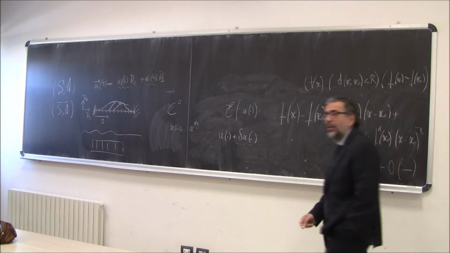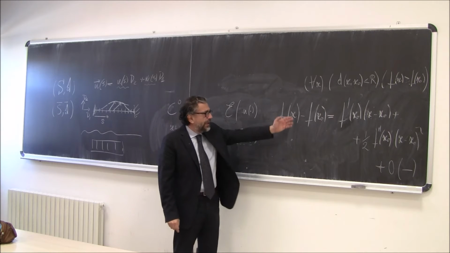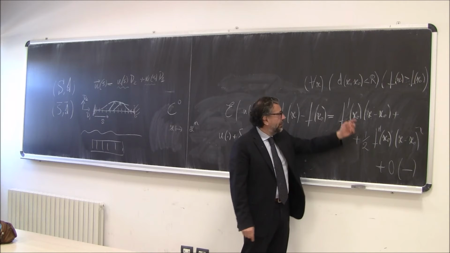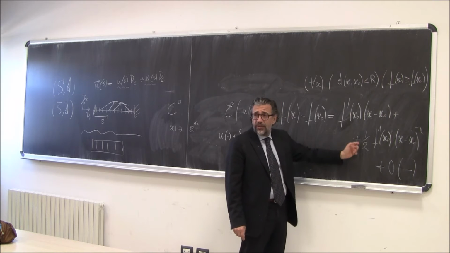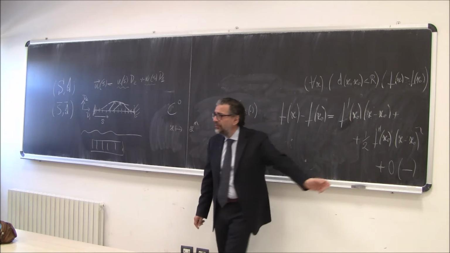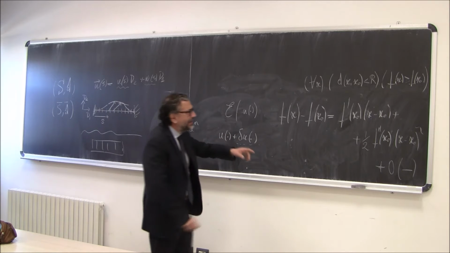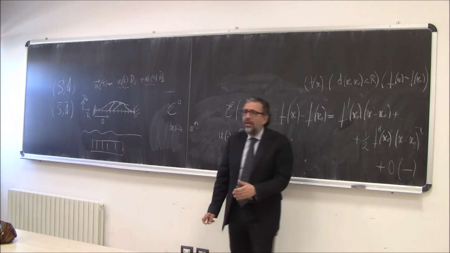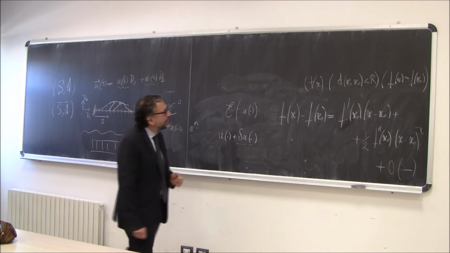So we assume to have a function which can be approximated by a second order polynomial. The coefficients of the second order polynomial are given by the first and second derivative of the function in x0, plus a remainder. The remainder tends to 0 quicker than the second power of x minus x0. Okay? I'm sure everybody is familiar with this reasoning.